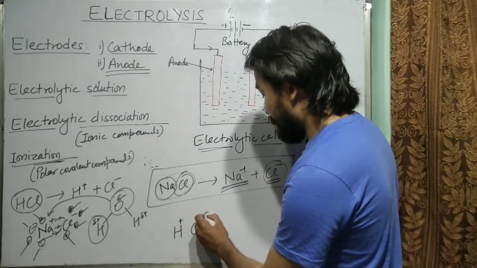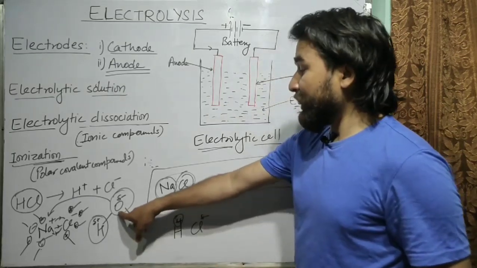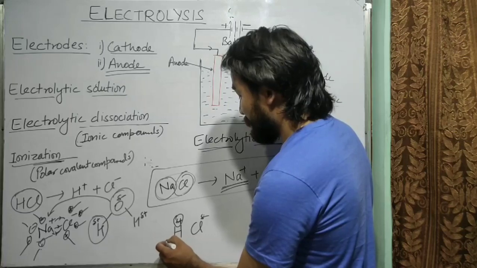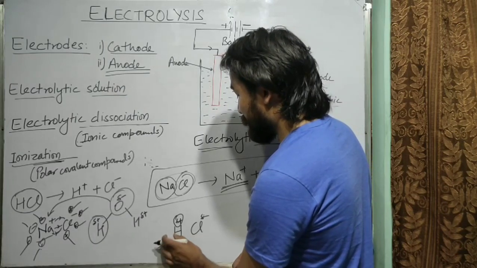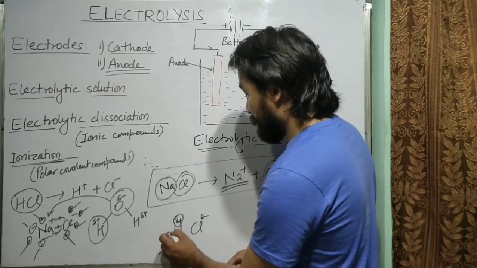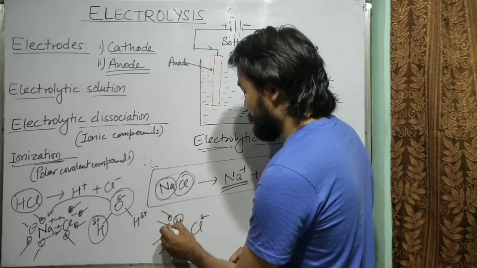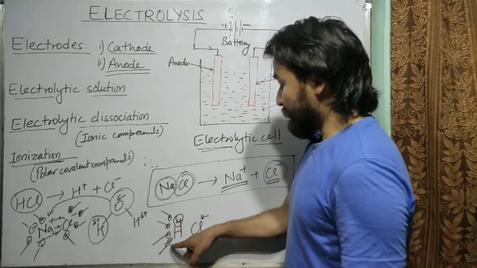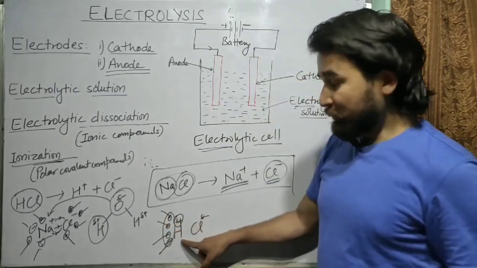Due to this partially negative and partially positive charge, the negative part of the water molecule will come closer to the partially positive part. So it will be surrounded by so many water molecules, and these water molecules will have the negative part towards the hydrogen atom.